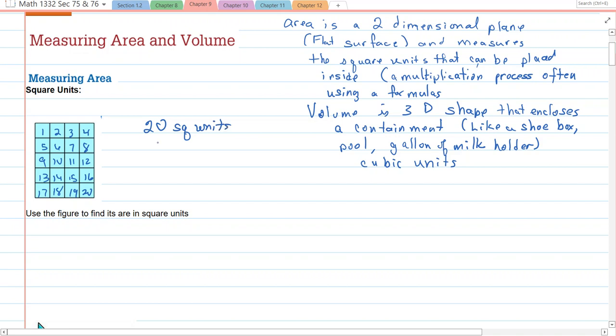It could be written as 20 units squared. But the little 2 has to be on the language of what we measured.